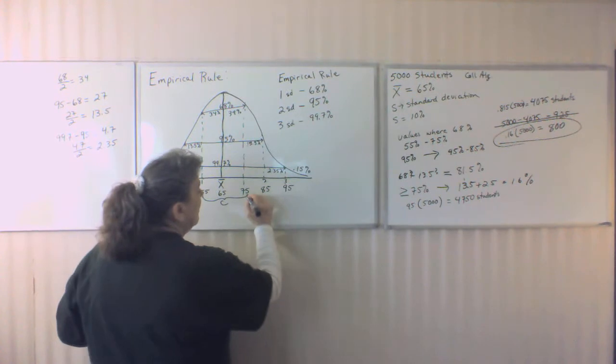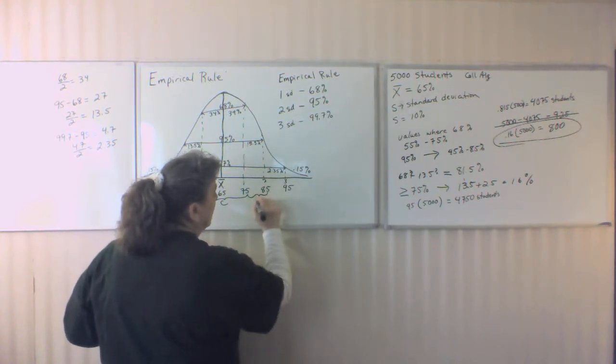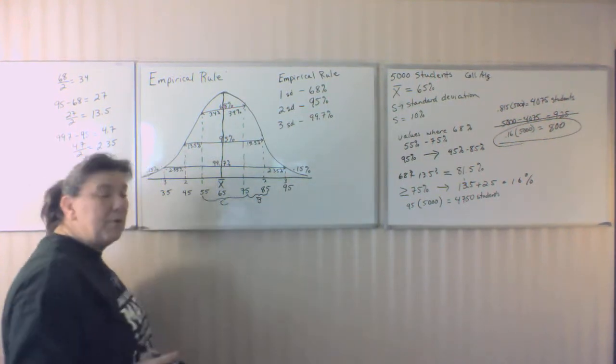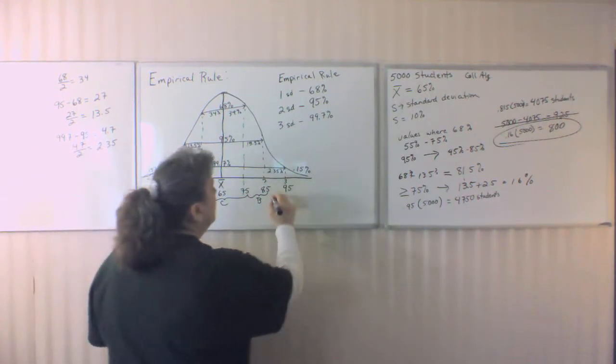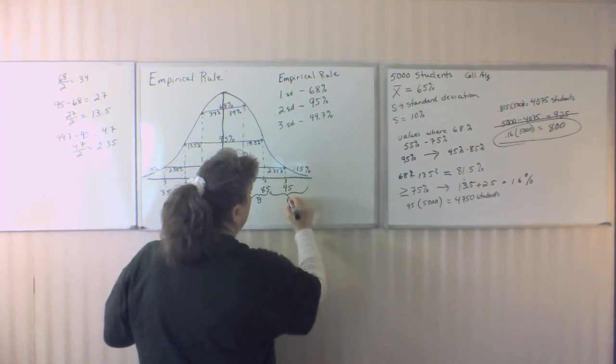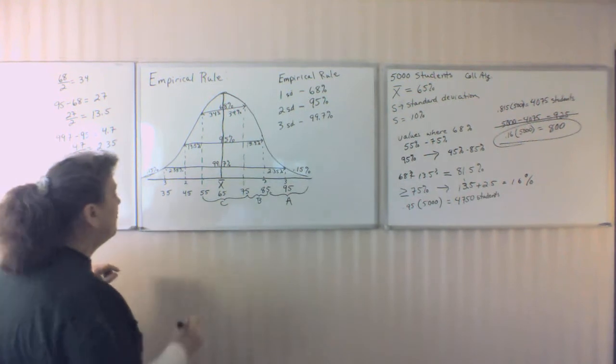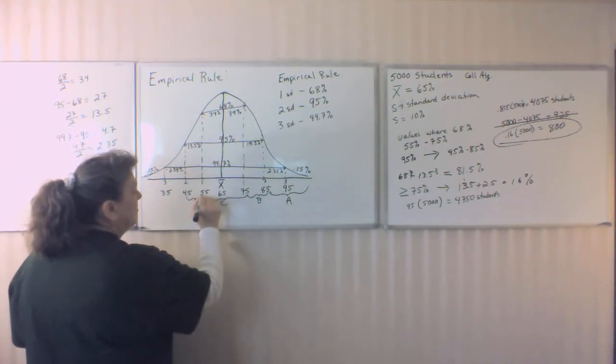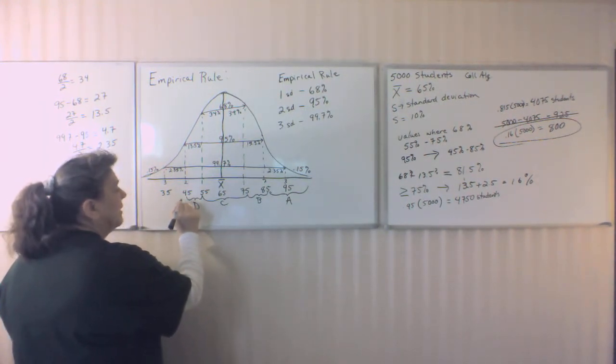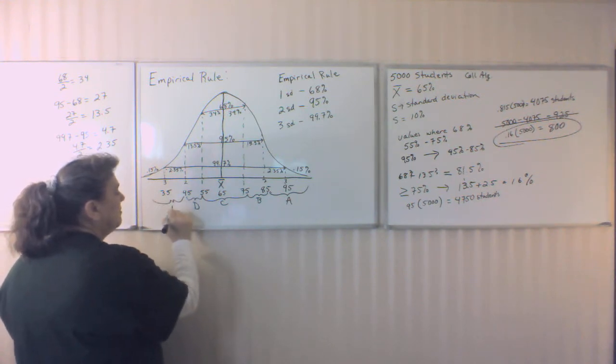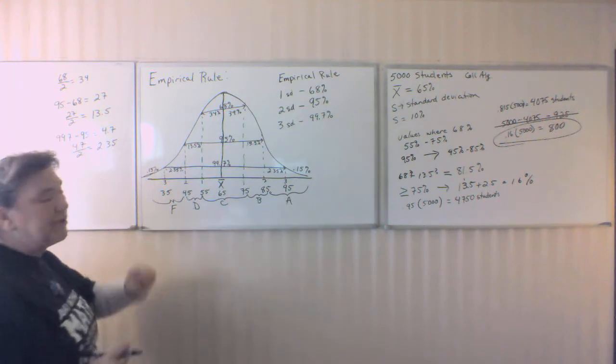And 75 to 85 would be a B, and again, people wouldn't mind that. Greater than 85 would be an A, whereas 45 to 55 would be your D, and less than 45 would be your F.